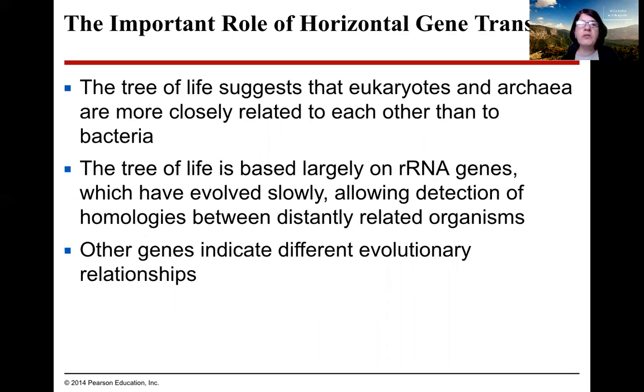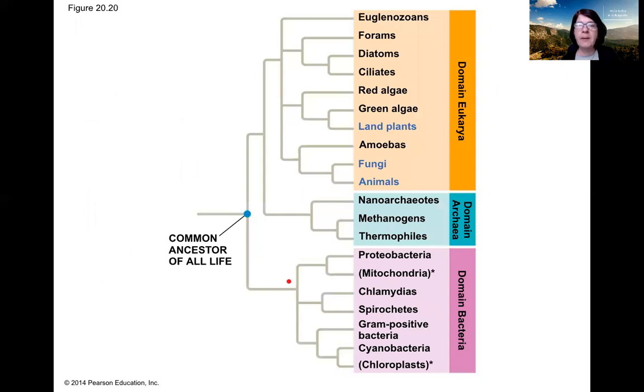So if you look at the tree of life right here, we know for certain that domain archaea and domain eukarya had a more recent common ancestor than the common ancestor of all life, which means they're more closely related to each other than they are to bacteria. So if we apply the same principles that we did in the first lecture, common ancestor, speciation event, right?